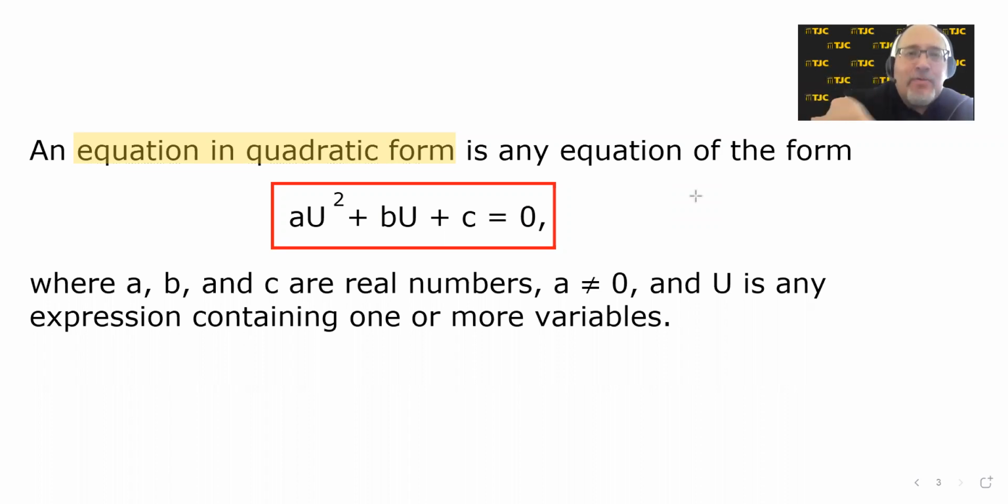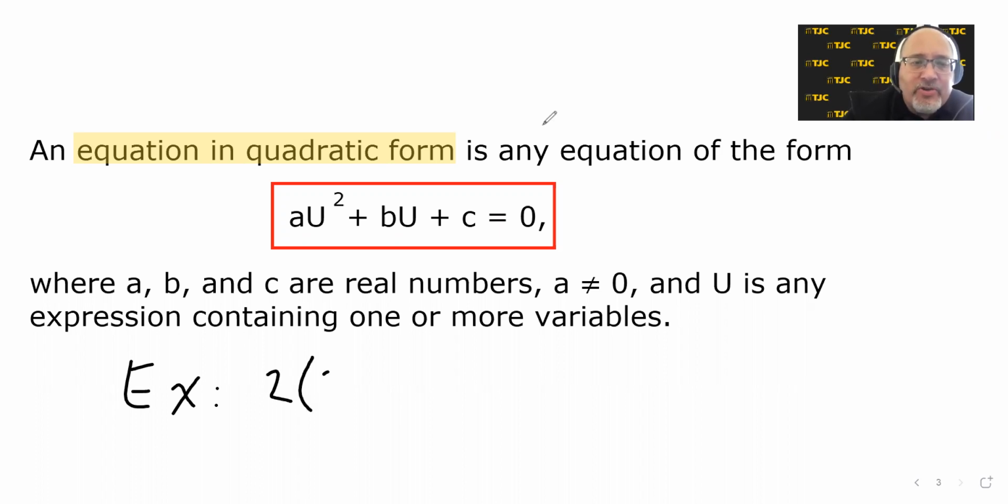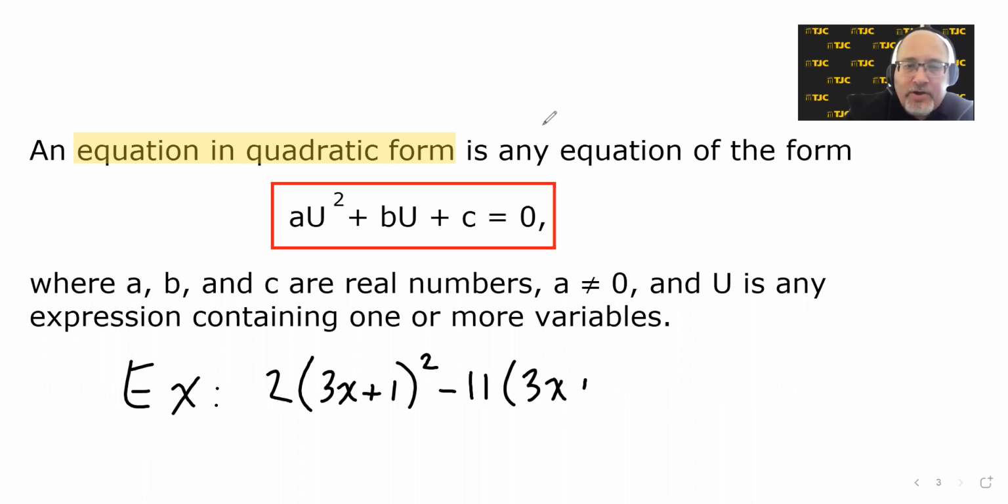So what would an example of an equation in quadratic form look like? It has many variations on its name. For example, if we had something like 2 times (3x plus 1) squared minus 11 times (3x plus 1) plus 12 is equal to 0, this would be quadratic in form.